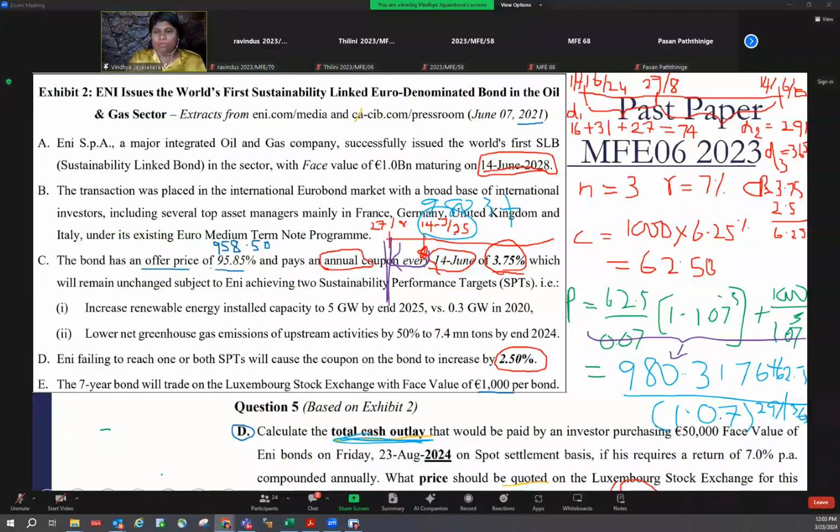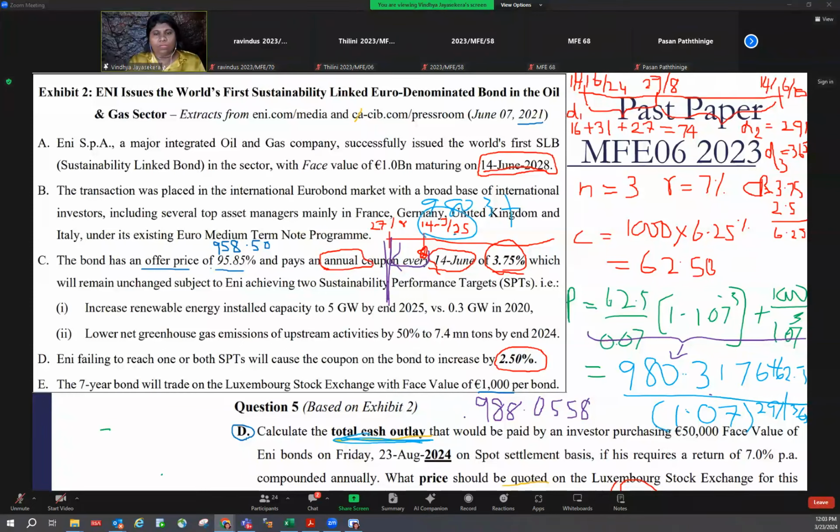It's 980.3176. I just did the calculation, even for the full decimal places, it's 980.3176. So there is something wrong in your calculation there, some small thing that's missing. Plus 62.5 divided by 1.07 to the power of 291 by 365. Answer is 60.0558. Okay. That's the answer.